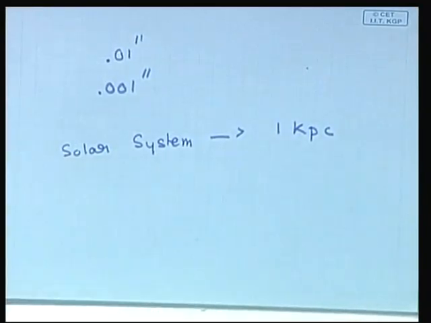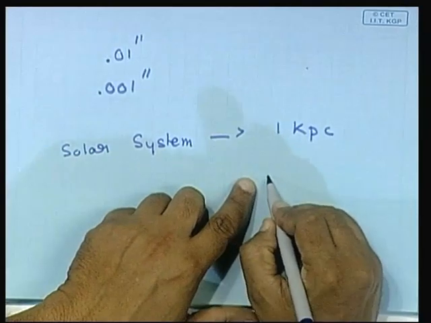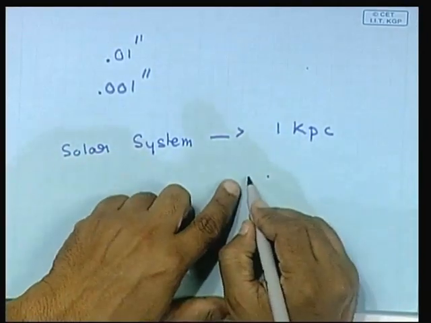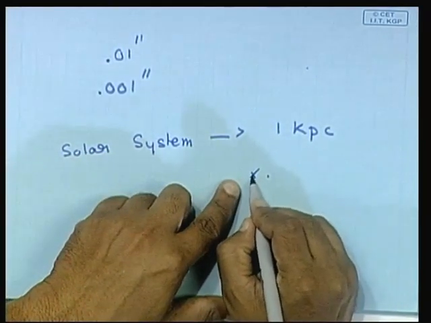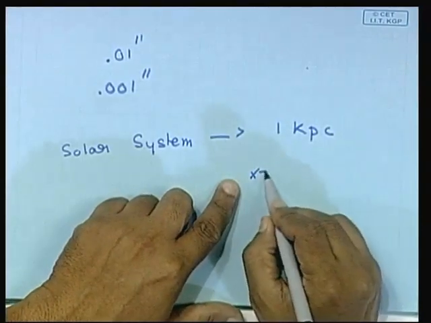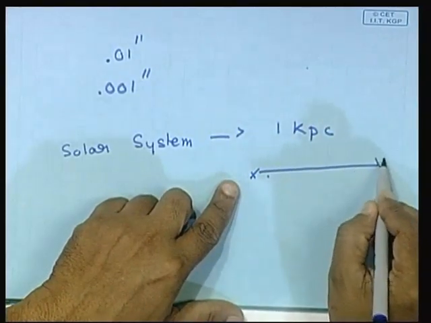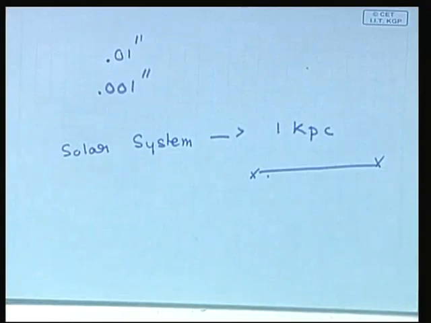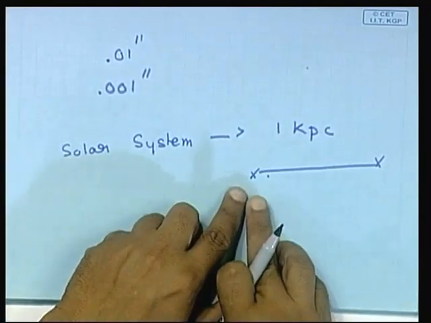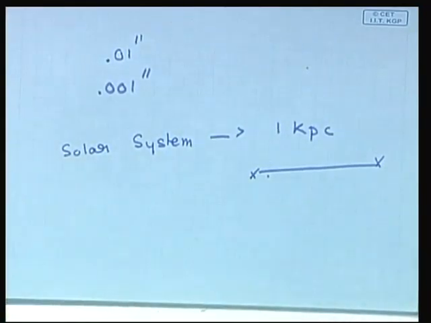Now one has to use some other indirect method which will start from somewhere over here and which will go to a larger distance. Let me explain this to you using a definite example.